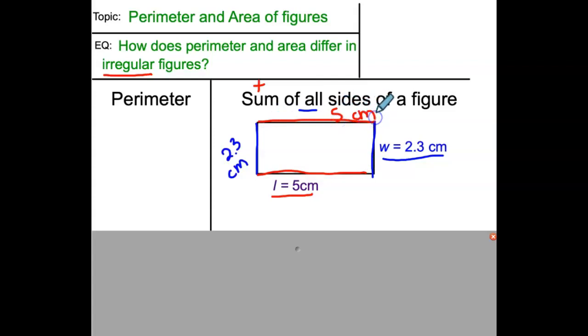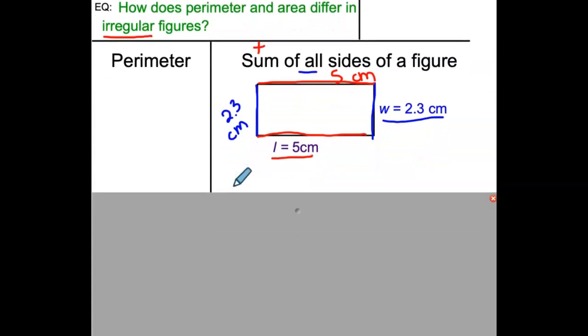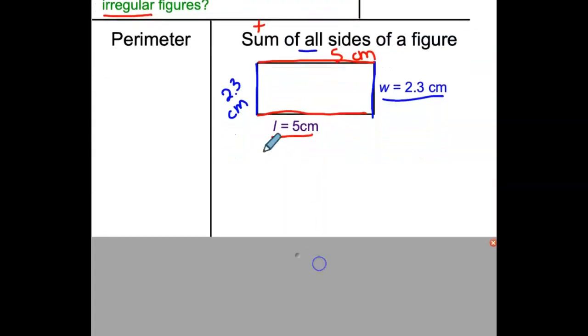So don't forget the elementary school skills you learned about rectangles, because they're going to be helpful here in middle school as well. Now that we've labeled all 4 sides, let's actually calculate the perimeter. So we're going to add together all 4 sides. Let's start with the 2 blue sides here, 2.3 plus 2.3. And then we're going to add the 2 lengths that we labeled in red, the 5 centimeters and the 5 centimeters.